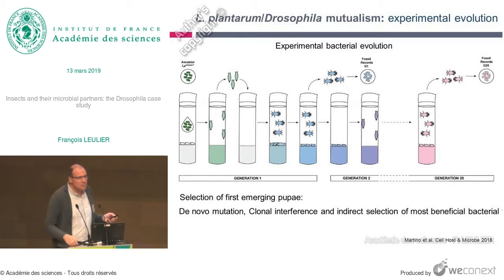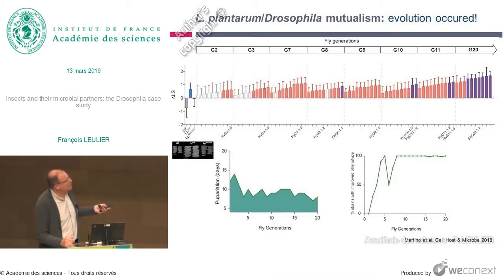So this imposed a very strong bottleneck and selection pressure, and we were expecting to select for de novo mutation and for clonal interference, by indirect selection of the most beneficial bacterial strain, because bacteria divide way more. There will be way more bacterial generations than fly generations in this system.